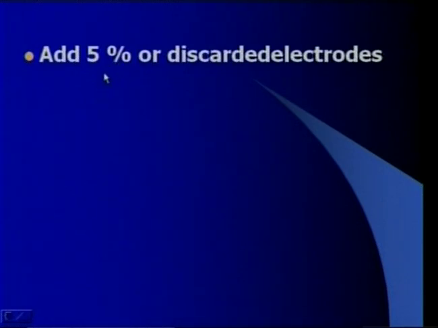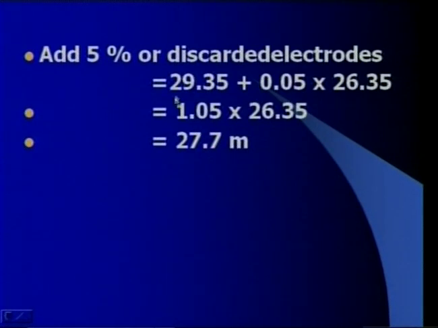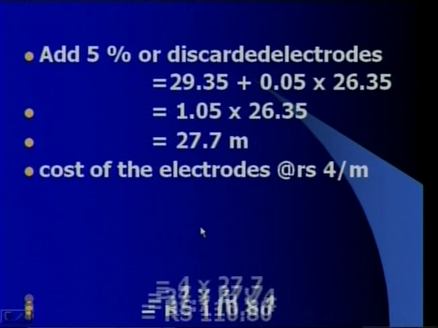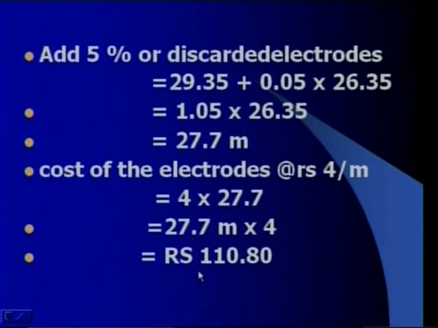Let us take that as 5% and we will add it up. So, 26.35 plus 0.05 multiplied by 26.35 will be getting 27.7 meters. Then cost of the electrodes at the rate of 4 rupees per meter will be 110 rupees 80 paise.